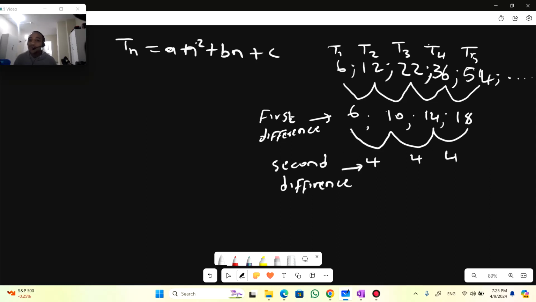But what we are looking for here is a general formula. We are looking for the value of A, the value of B and the value of C. How are we going to get these values? For the value of A, we are just going to say your second common difference is equal to 2A.